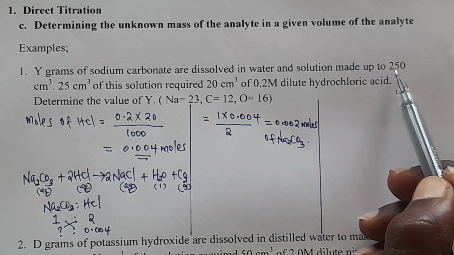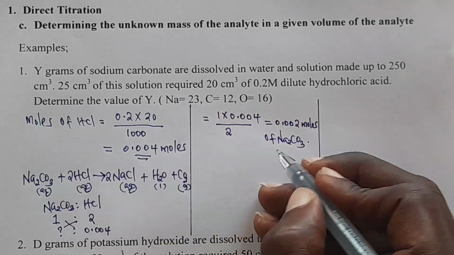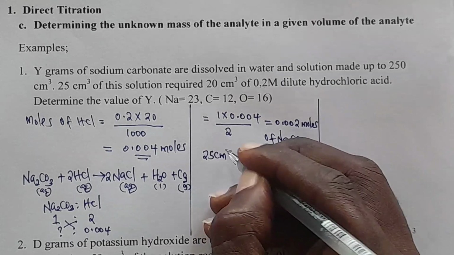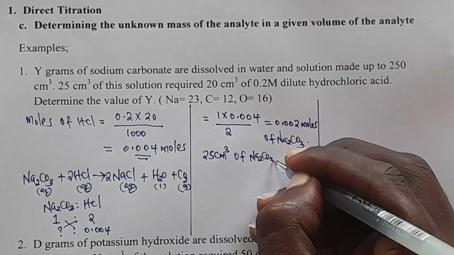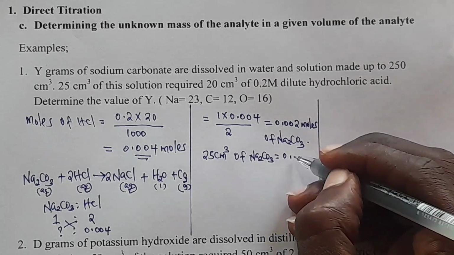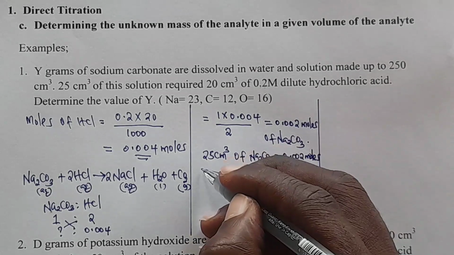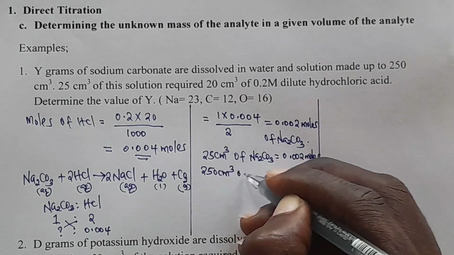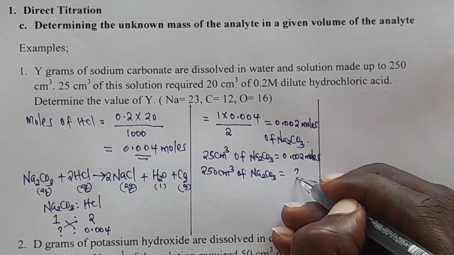And the solution is made up to 250 cm³. So if 25 cm³ of sodium carbonate solution gives us 0.002 moles, we ask ourselves, what about 250 cm³ of sodium carbonate solution?